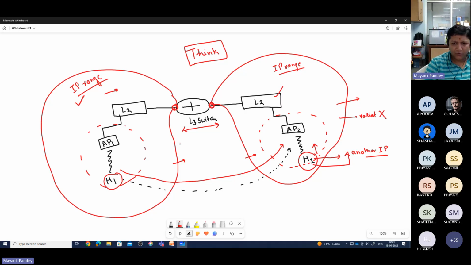So you are saying that if M1 moves out and joins under AP2, which is in another subnet, M1 needs to get another IP to remain valid in that next subnet.